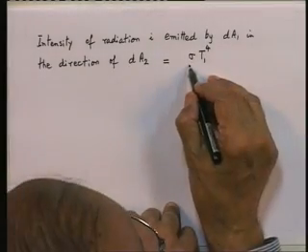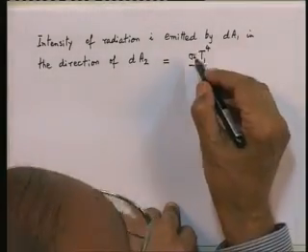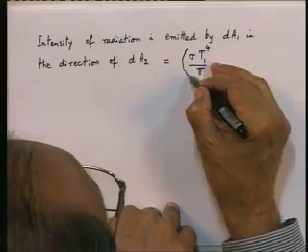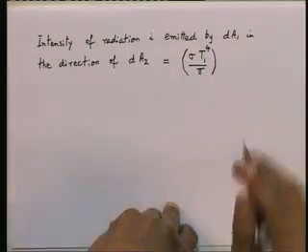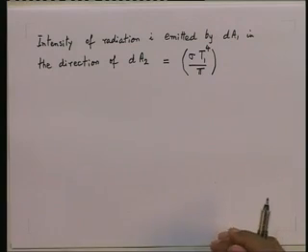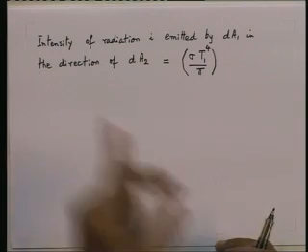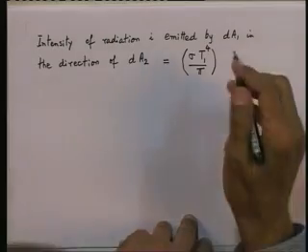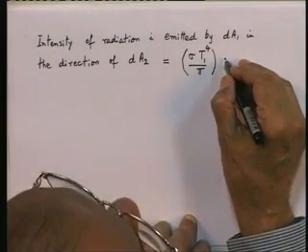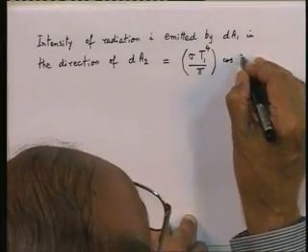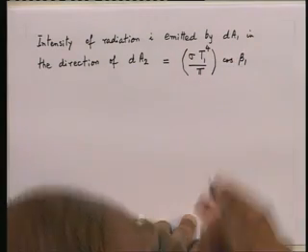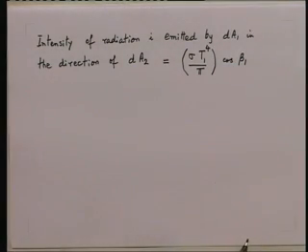If I divide this by pi, I have got the intensity of radiation emitted by dA1 in the normal direction. I want the intensity emitted by dA1 in the direction of dA2. So, I will use Lambert's law and multiply by cosine beta 1, that is the intensity in the direction of dA2. Got it? All right.